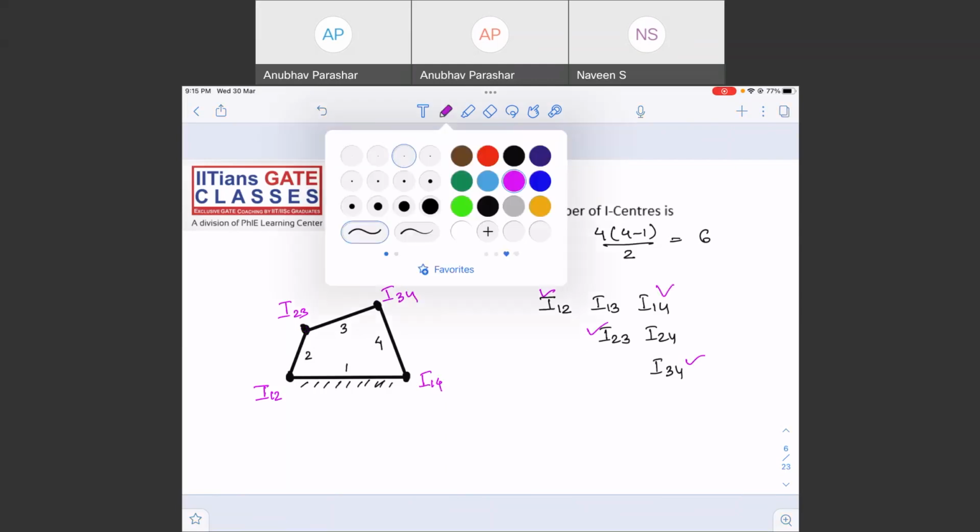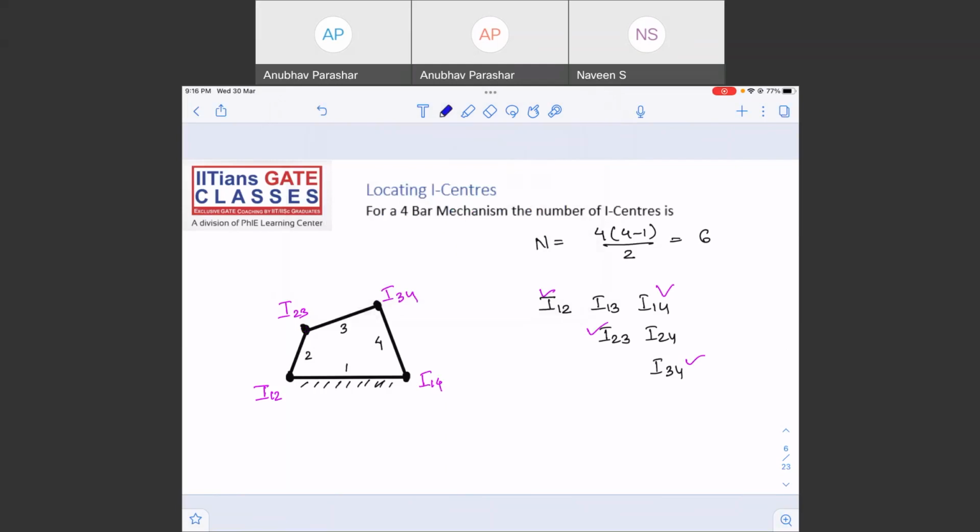Which eye centers do we need to find out now? We need to find I13 and I24. These are the 2 eye centers that we need to find out.